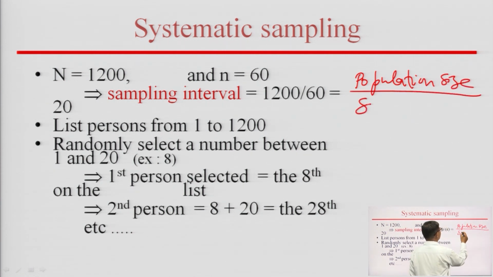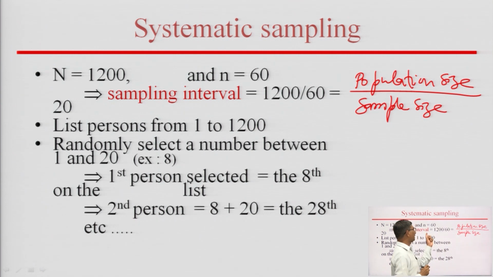The population size is 1200 and the sample size is 60, so the sampling interval is equal to 20.